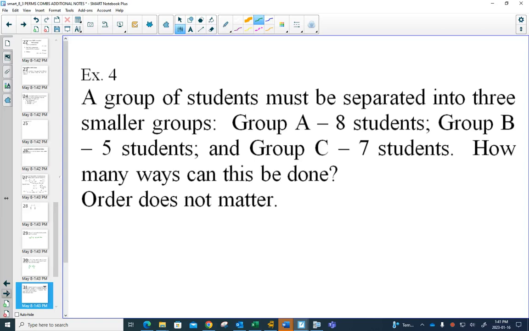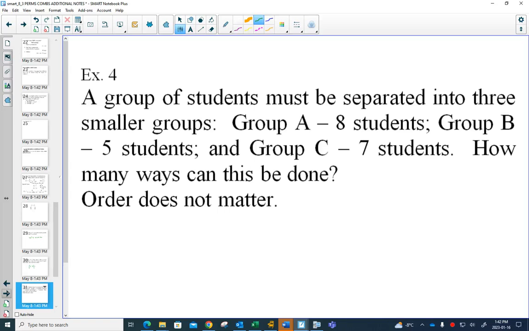So if you had 20 students in class, and you wanted to separate them into 3 groups, you'd have 3 decisions to make.